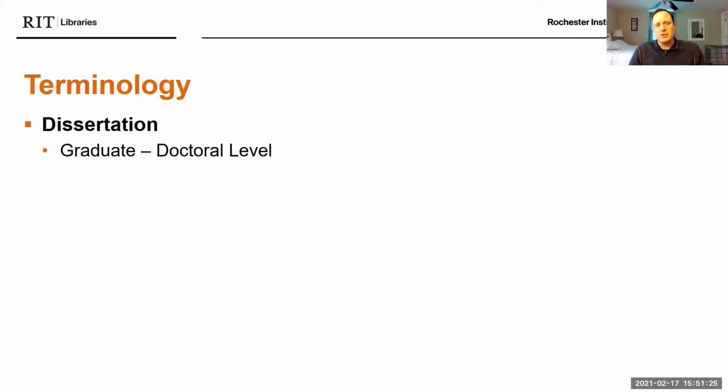First, when we talk about dissertations, these are always graduate documents written by graduate students at the doctoral level. A dissertation is the final published work produced by a doctoral student, and at RIT, our graduate students who are completing PhDs are required to complete a dissertation.